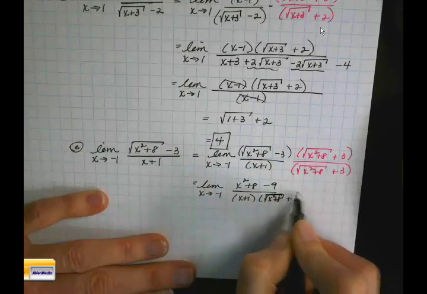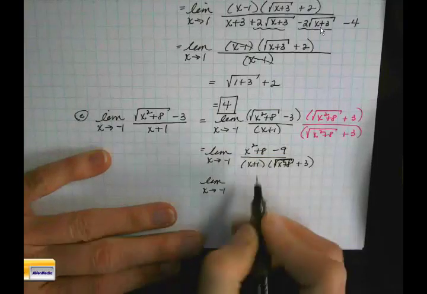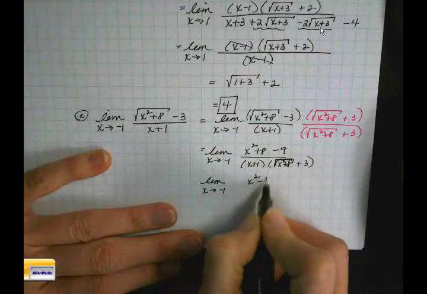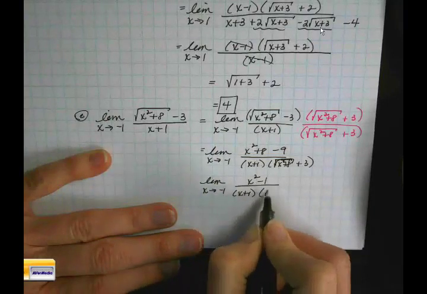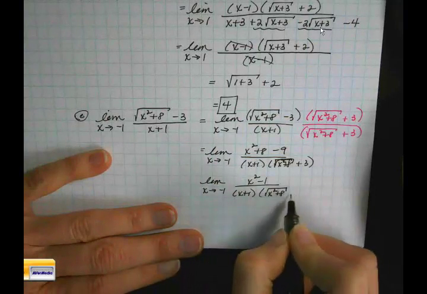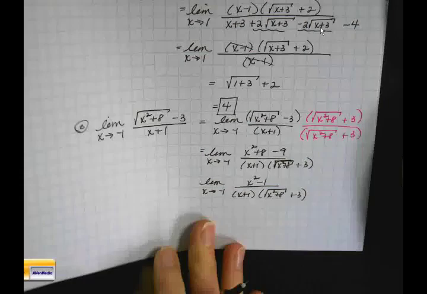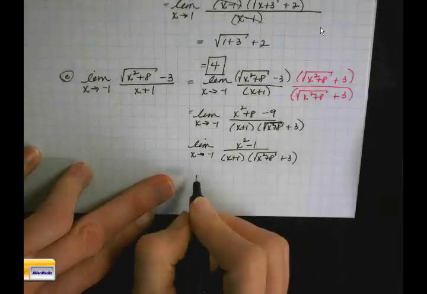Oh well. Okay, so this is x squared minus 1 over x plus 1, times the square root of x squared plus 8, plus 3. Oh, it's going to be close for me to fit it on this page.